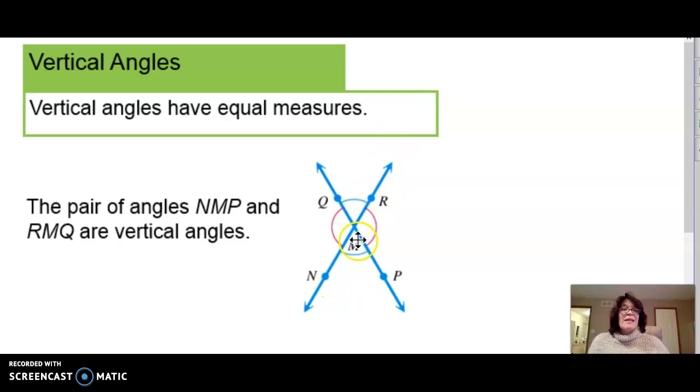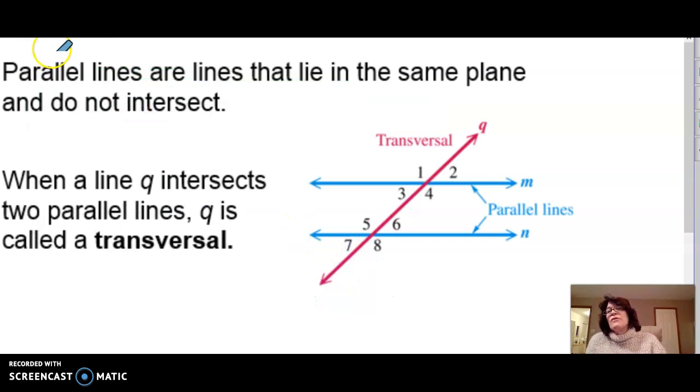They sort of make an X. Similarly, the vertical angle to QMN is RMP. Vertical angles are equal. So if this angle is 20 degrees, then we know for a fact that this angle is 20 degrees. Then this angle would have to be 160, since these two form a straight angle, a line. Those are vertical angles.